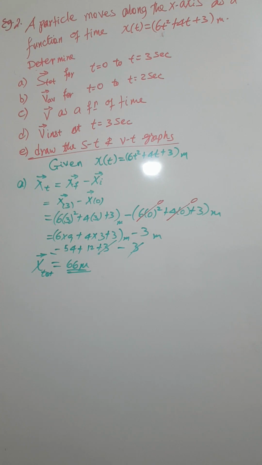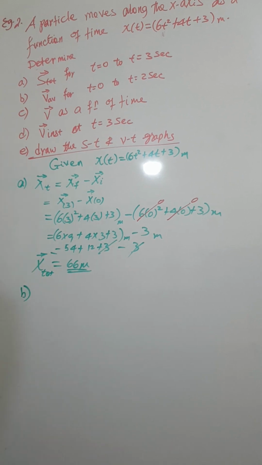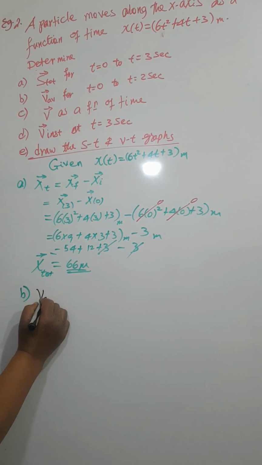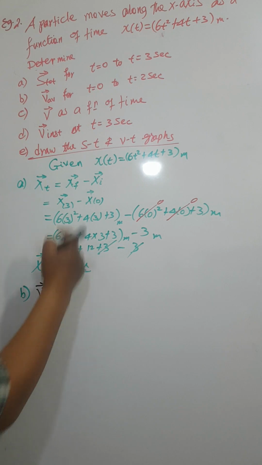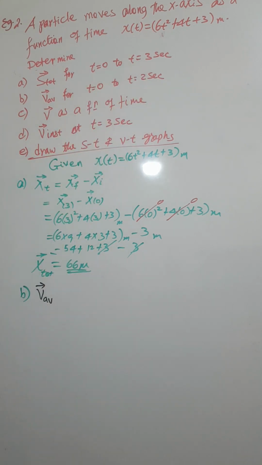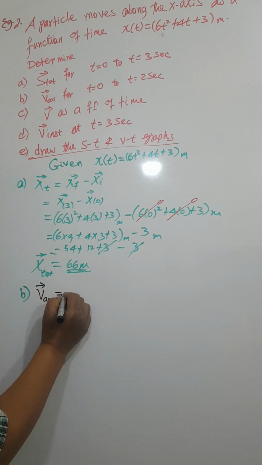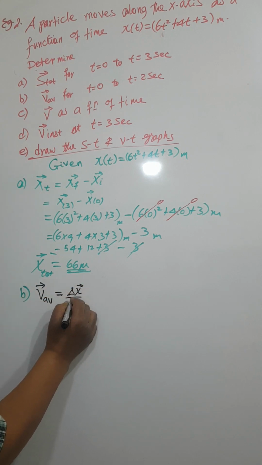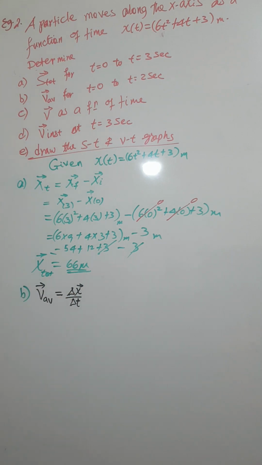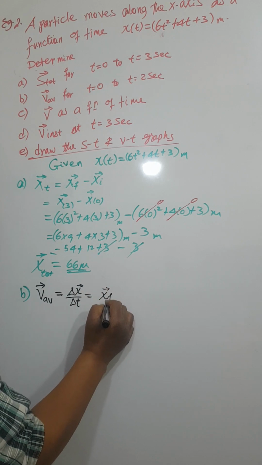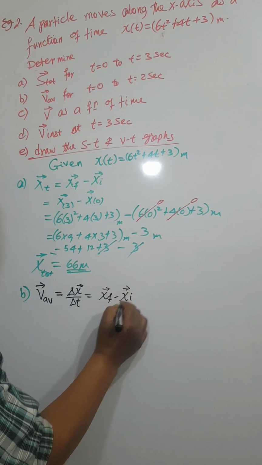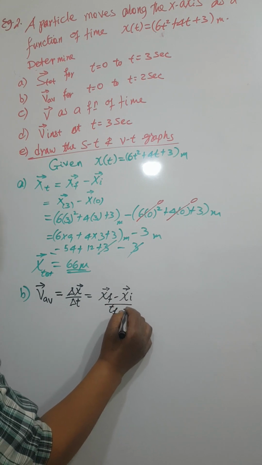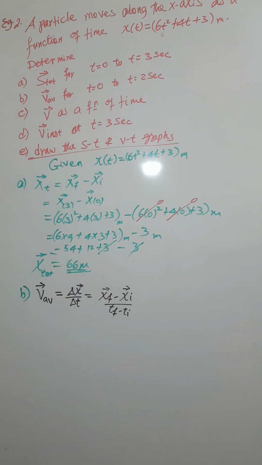Now the other one is average velocity, v average, for the time interval of 0 to 2 seconds. v average is equal to change in x divided by change in t. We know that change in x is equal to x final minus x initial, divided by t final minus t initial.